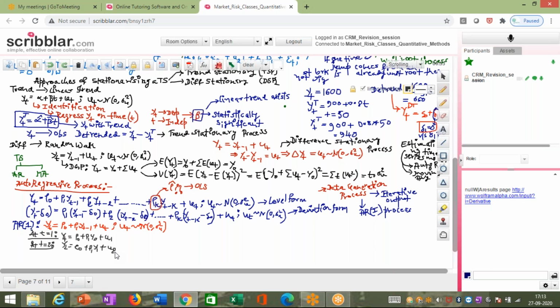Now you will observe that y1 has been solved above, right? So you can substitute y1 with this value and iterate. Y1 is equal to rho 0 plus rho 1 y0 plus u1.